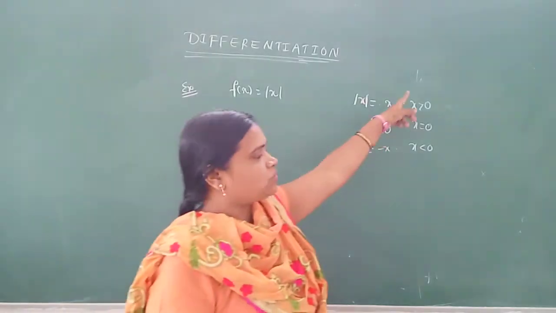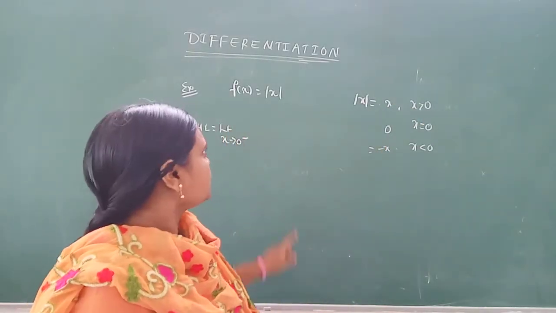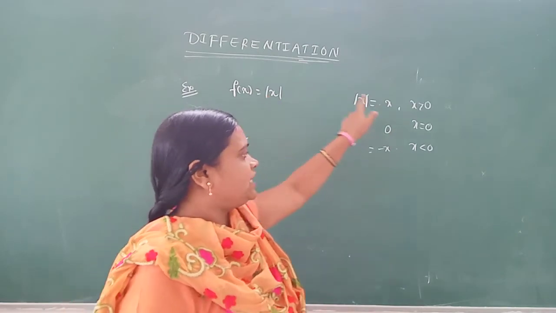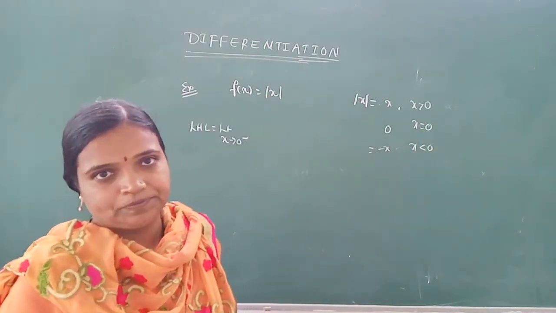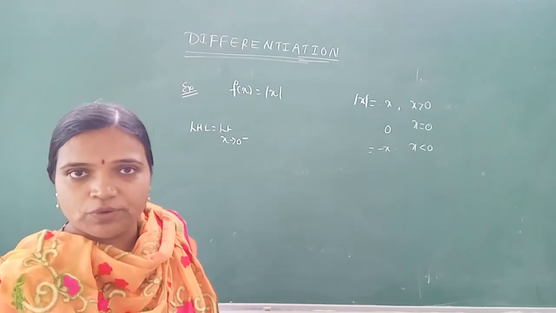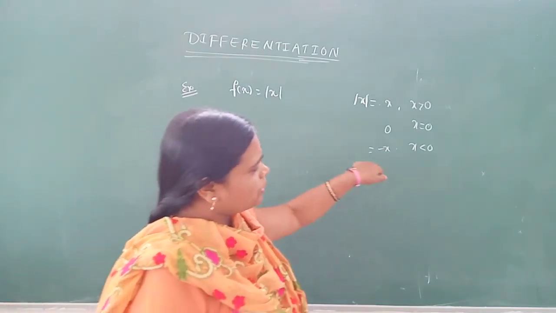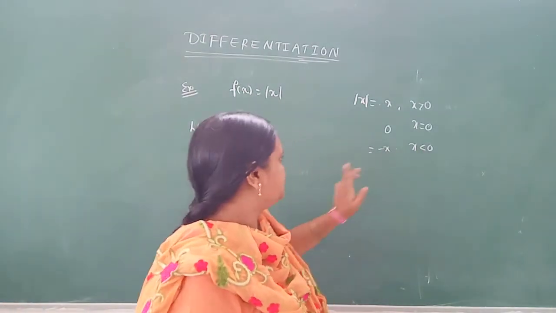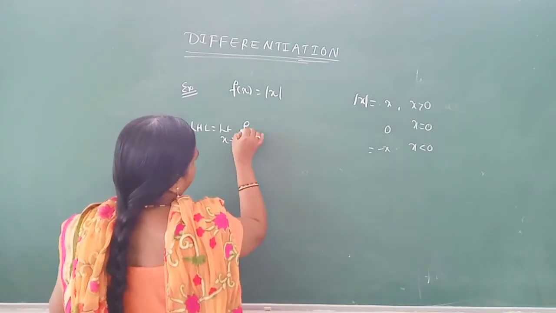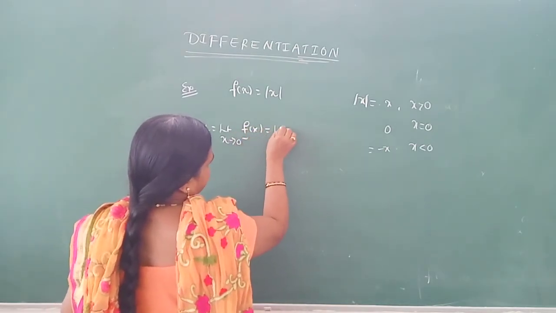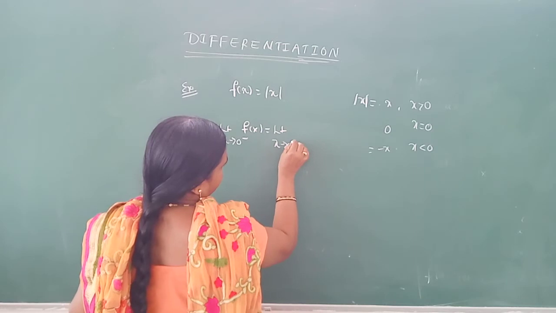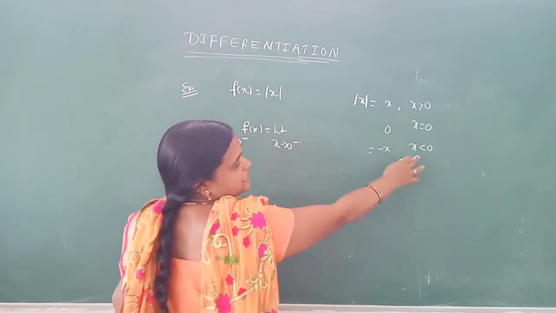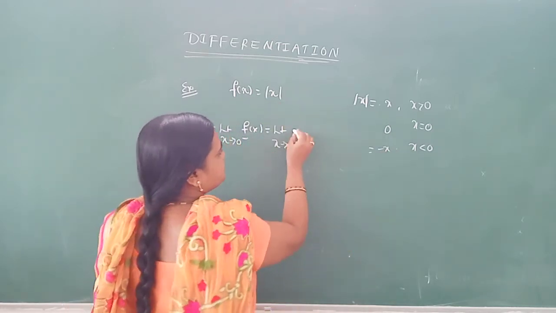Because our limit is what? We are defining this at x equal to 0. Therefore, limit as x tends to 0 minus, less than 0. What does less than 0 represent? Less than 0. Correct. You take this f of x, limit as x tends to 0 minus. For mod x less than 0, what is it? Minus x.